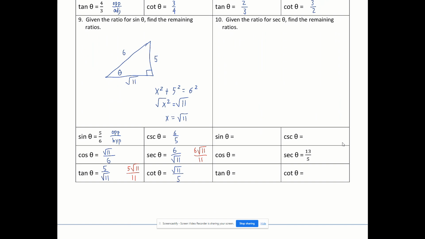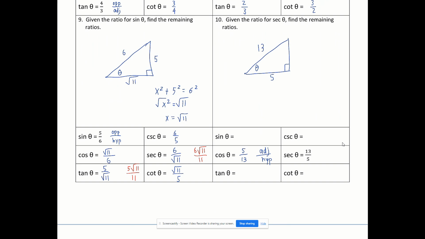All right, one last one, number 10. And this one did secant. So if secant is 13 over 5, I know that cosine is 5 over 13. So when I go draw this thing, put my 90-degree angle in the same place, put my theta in the same place. Here we're doing adjacent leg over hypotenuse. So the adjacent leg is 5, and the hypotenuse is 13.